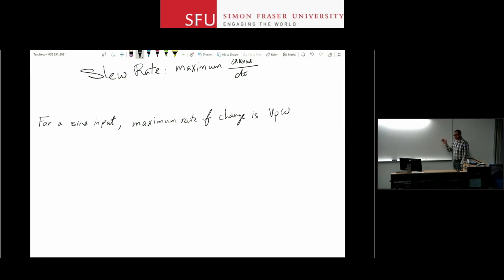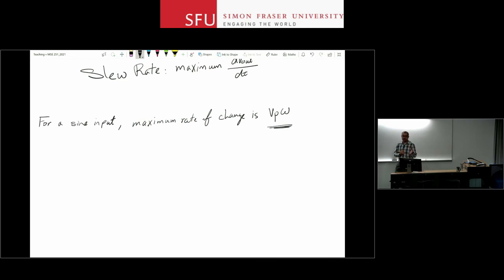Right? So Vp omega cosine omega t, but the maximum value of cosine omega t is 1. So this is the fastest rate of change of that signal for a sinusoidal input. And if your slew rate is larger than that, if your op-amp can handle a change in the output voltage that is larger than that, great, you don't see any problem.